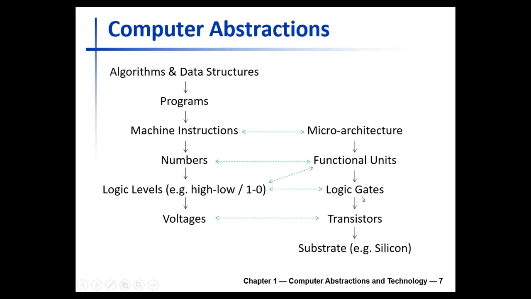So there's a relationship like that between these hardware abstractions and corresponding software abstractions. So transistors deal with voltage levels, logic gates deal with logic levels, and all these things are interconnected. Functional units deal with numbers, right? An adder is a functional unit, it deals with numbers. It can take two numbers and add them to come up with another number, all of which can be represented using ones and zeros, right? Some functional units may also deal with logic levels as well, depending on what type of functional unit that is.